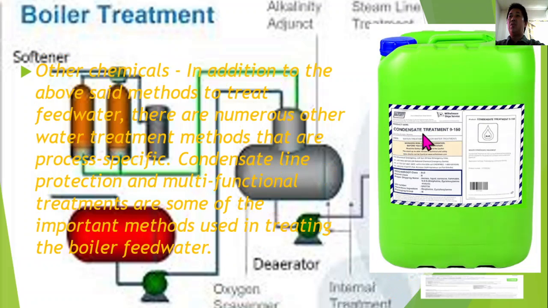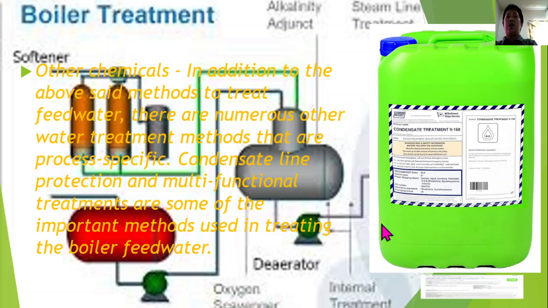We also have here condensate treatment. In addition to the above chemicals and methods to treat feedwater, there are numerous other water treatment methods that are process-specific. Condensate line protection and multifunctional treatments are some of the important methods used in treating the boiler feedwater.